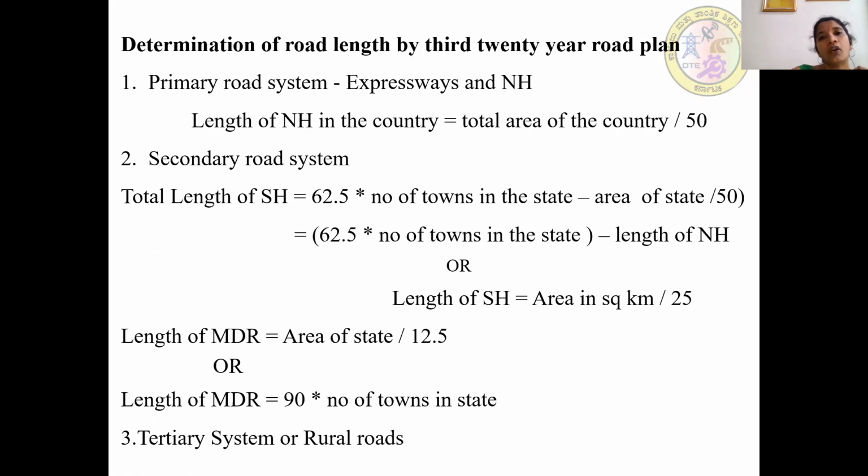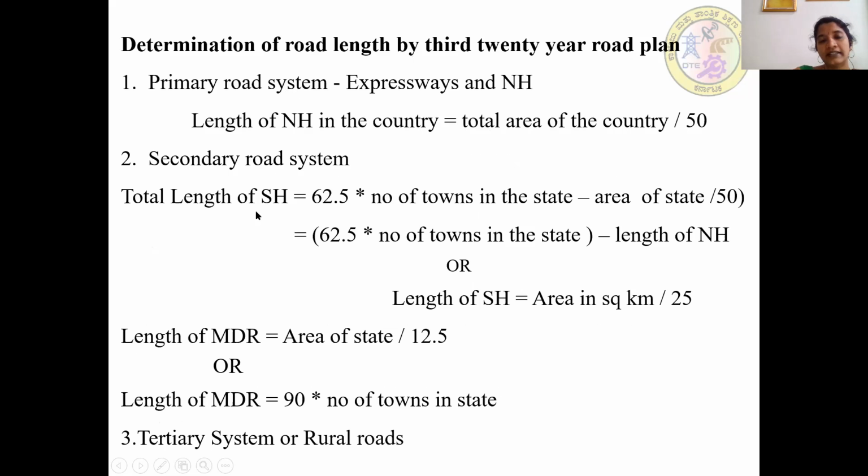Next, the road length can be determined by these formulas. For the primary road system, that is expressways and national highways, the length of national highway in a country will be equal to the total area of the country divided by 50. In the secondary road system, we have state highways and MDR.